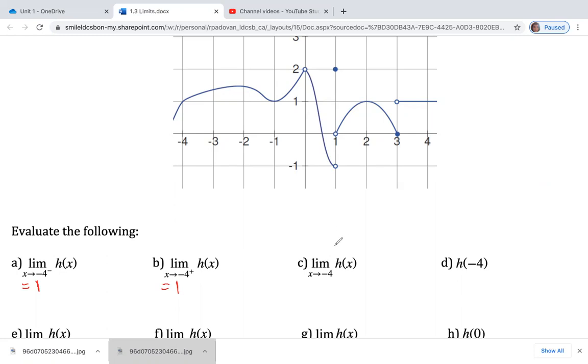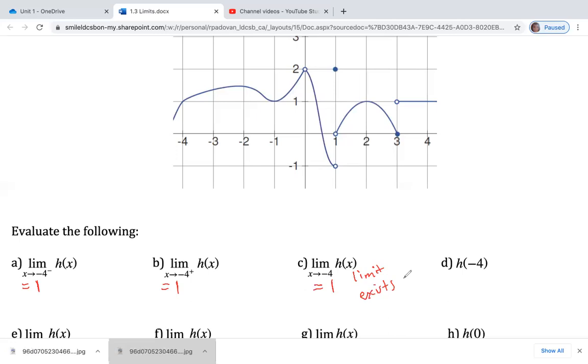So therefore, the limit as x approaches negative 4 of the function h of x exists, right? Because it's the same value as I approach from the left and the right. So the limit exists and it's a value of 1.